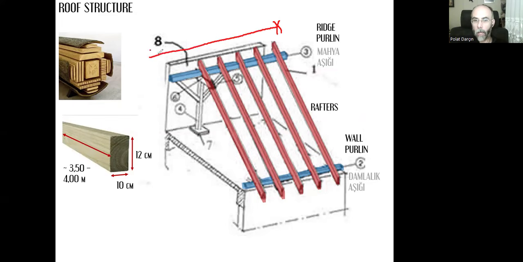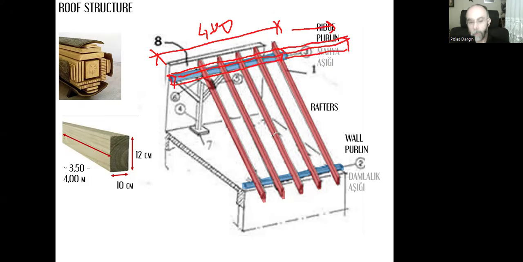If this size is up to 4 meters, then we can have only one piece positioned like this. But if it is more than 4 meters, then we will be adding another piece so that we can have a longer roof.